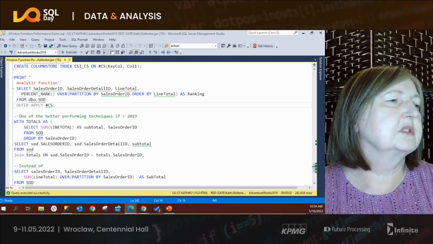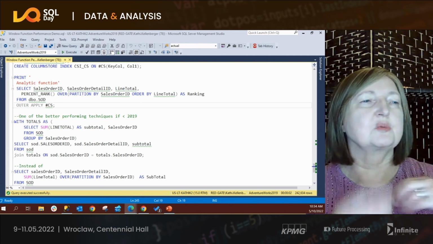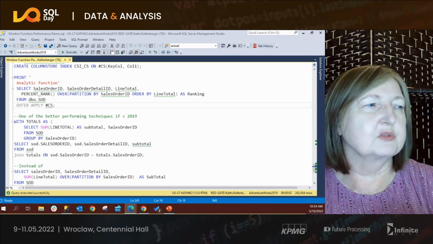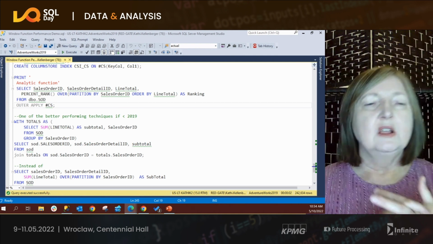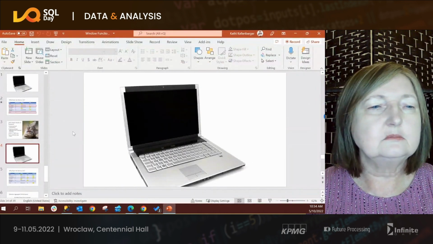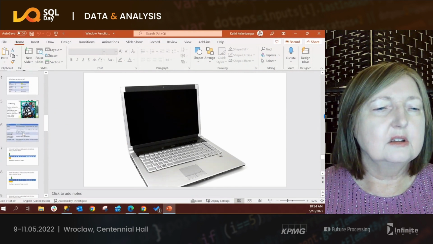Cons of rows. Oh, so rows versus range. Okay, let me talk a little bit about that then. I mentioned that, let's go back to this one.